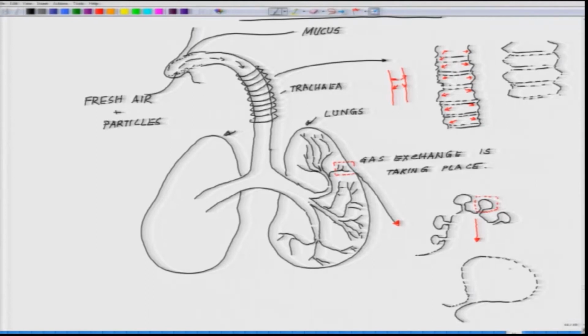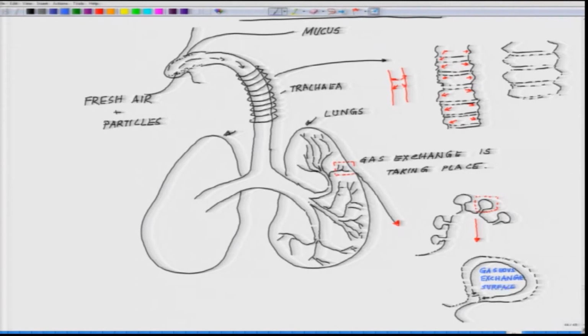So this whole surface area, from here to here, is the gaseous exchange surface.